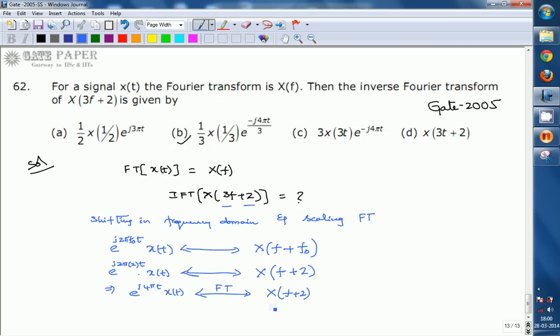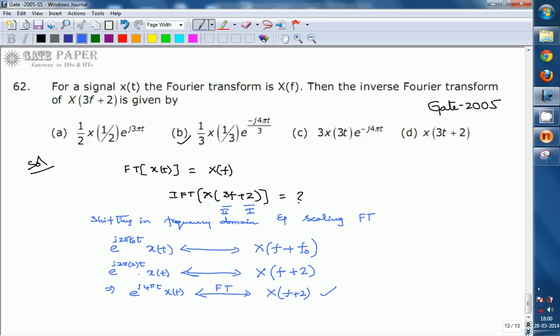Whenever the combination of scaling and shifting property is given, either in finding the Fourier transform or inverse Fourier transform, we always go for the shift first, and the scaling second. So first we completed the shifting, then we will go for scaling.